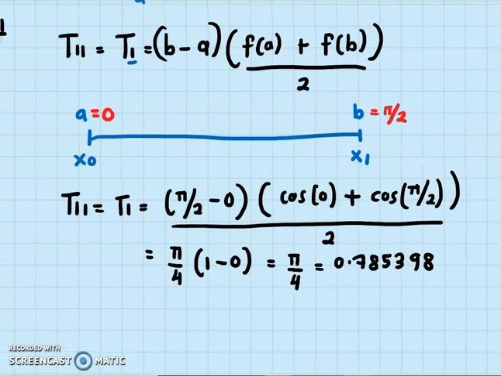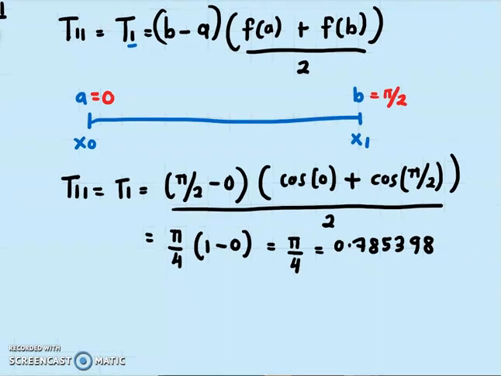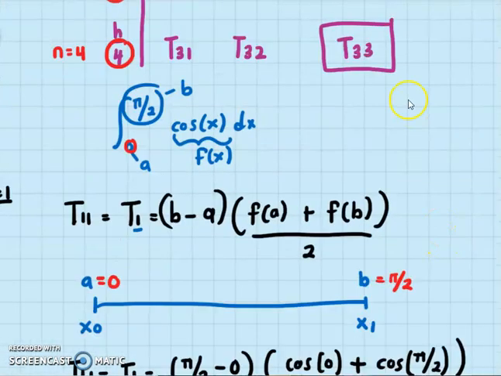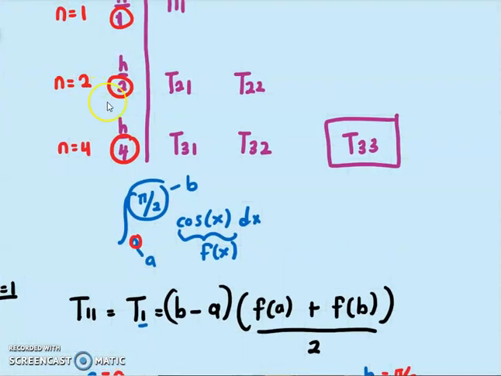That's my T11. Now, if you look at the diagram that I sketched, the second is for n is 2 and the third one is n is 4.